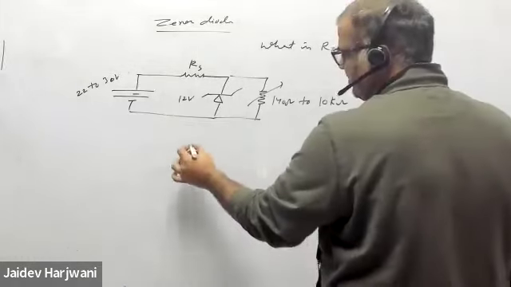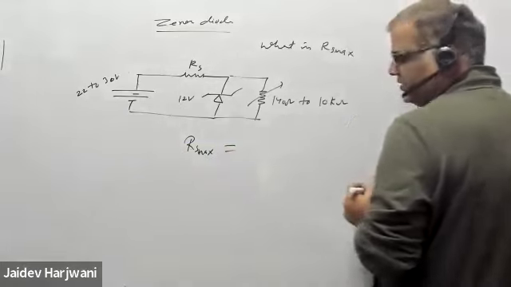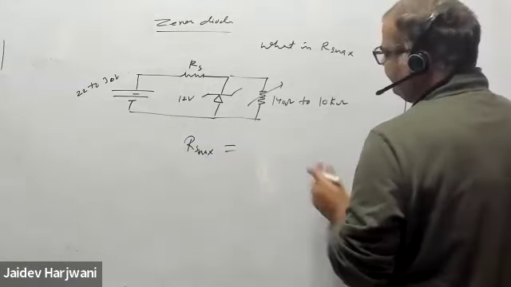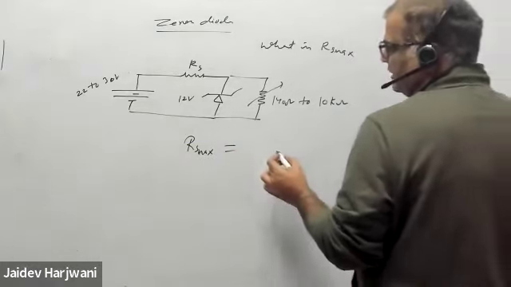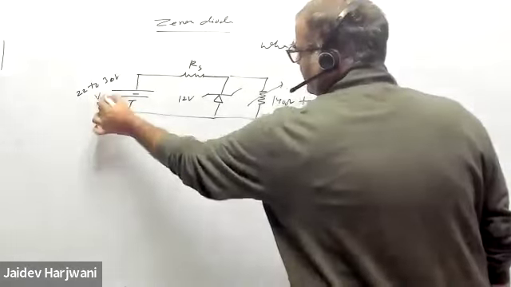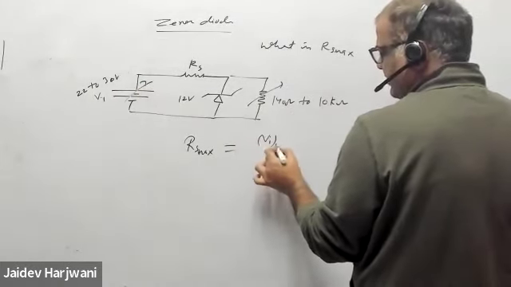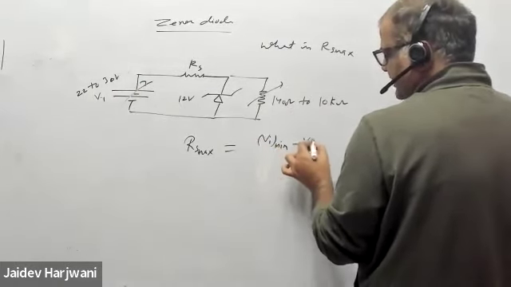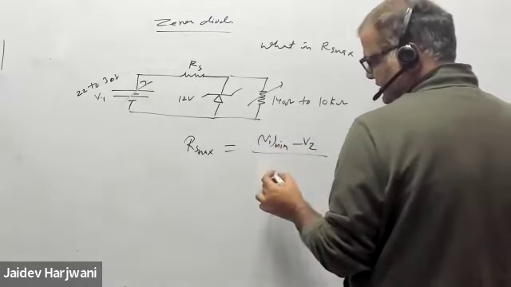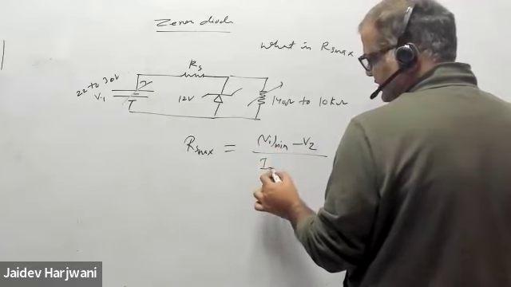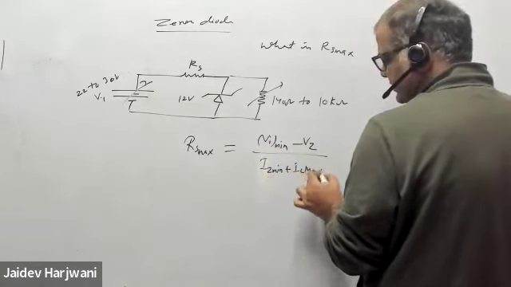So what is the RS max formula? RS max will be the voltage, V input minimum minus VZ, which is fixed, and then for RS max you have to take IZ minimum plus IL max.